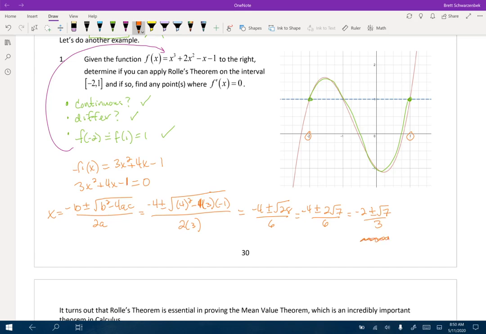But since we have a graph, we probably want to see what the decimal values are going to be. So if you sub this into the calculator, you're going to get x is approximately negative 1.55 and x is approximately 0.22. Okay, so if you look on the graph, you can kind of get an idea of where this is all coming together. So according to this, we started again at this point and we ended at this point, right?